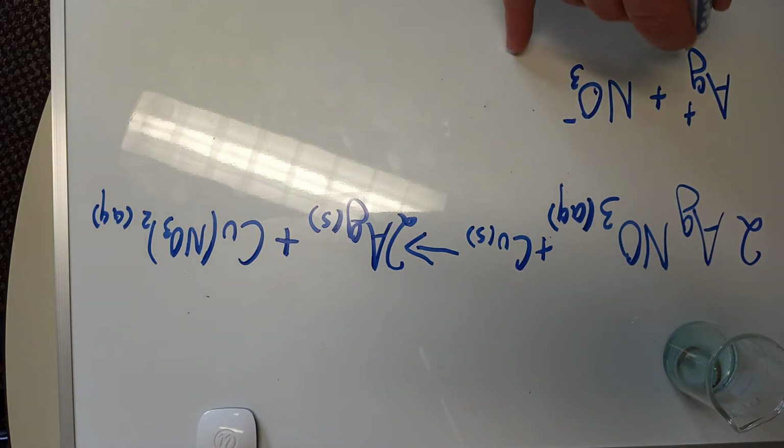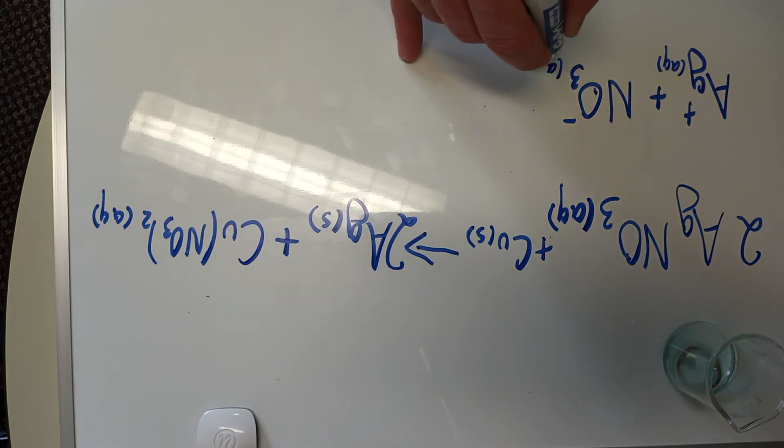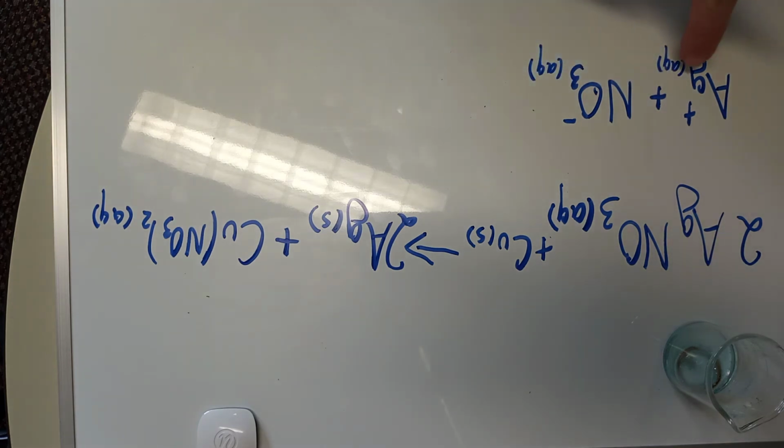Both of these guys need states that are aqueous. And notice we also include the charge on both of those. As soon as we split it up, the Ag isn't Ag with no charge on it. It's actually the silver ion in this compound, and the water pulls it apart from the nitrate.